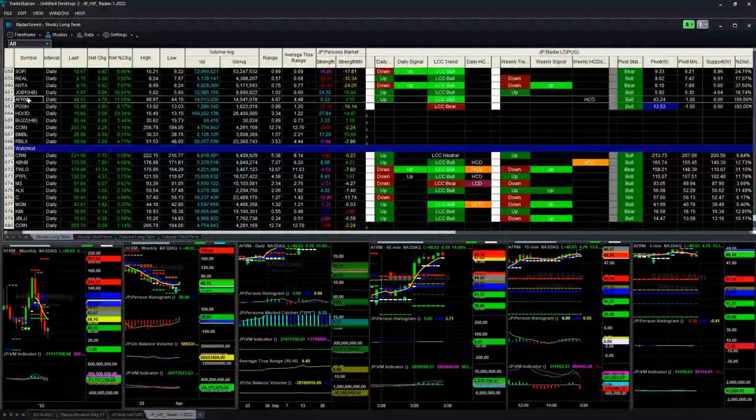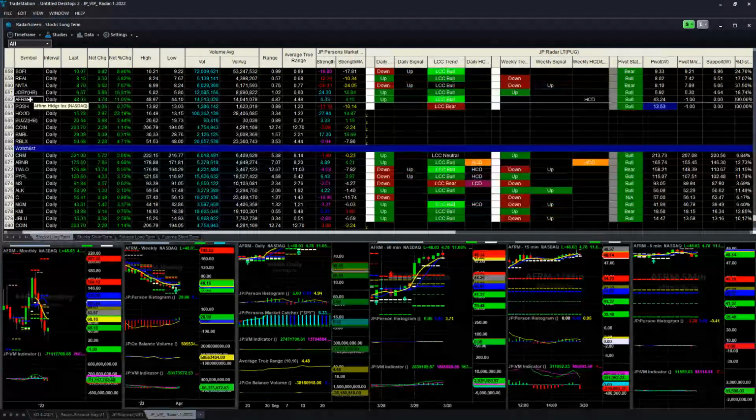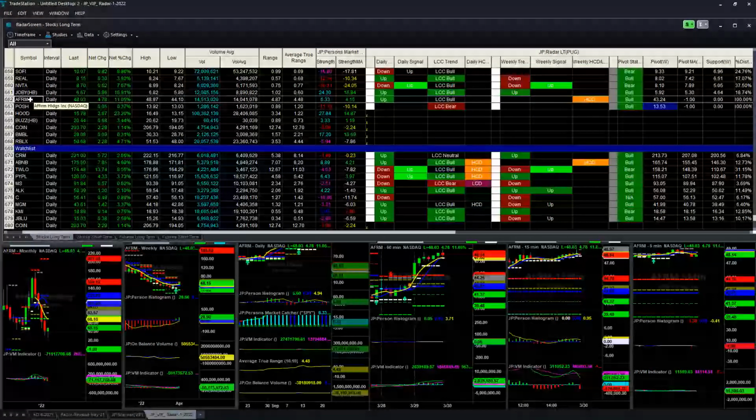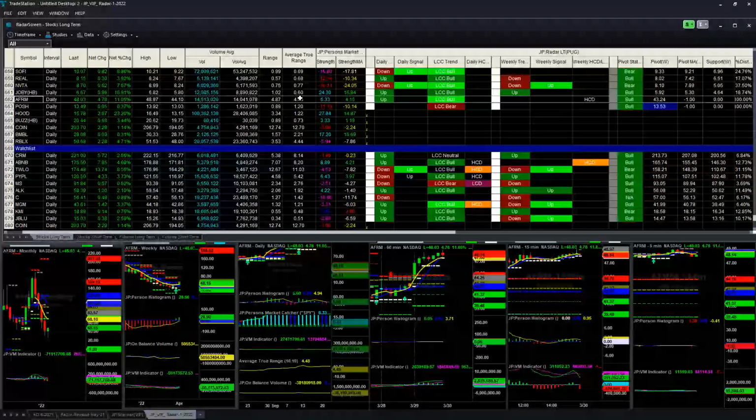So you're looking at 500 stocks. I want to know right now, without having to click a chart and waste time, what's the ATR? What's the range? What does ATR stand for? Average true range. What is the range on an average basis? And I use a 10-day ATR here. What has the average true range been?